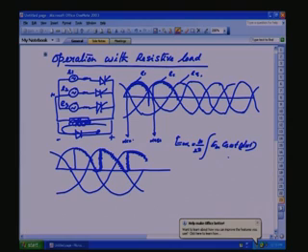Now, what will be the lower limit? For cos omega t, the minimum firing angle is here, so it will be this distance from here to here. This will be pi by 3 for a 3 phase, and pi by m for m phase.